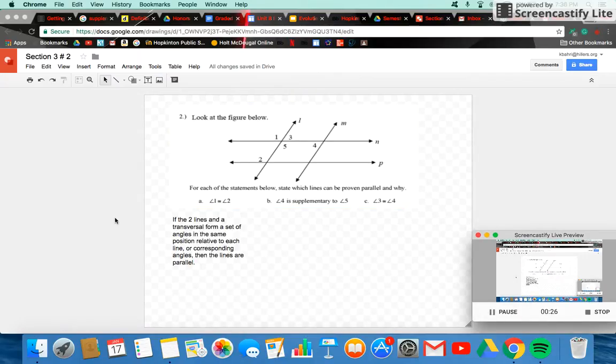All right, answering part A, I have if the two lines and a transversal form a set of angles in the same position relative to each line, or corresponding angles, then the lines are parallel.